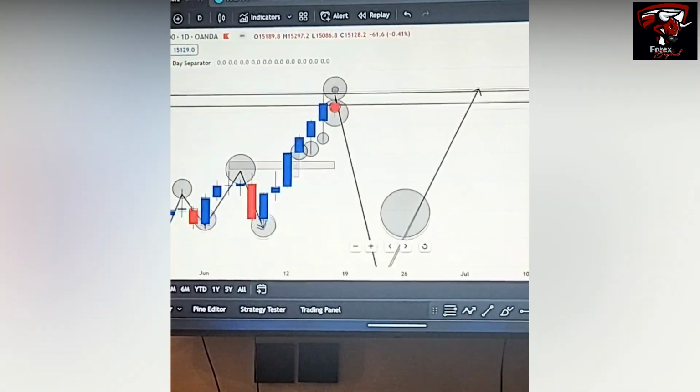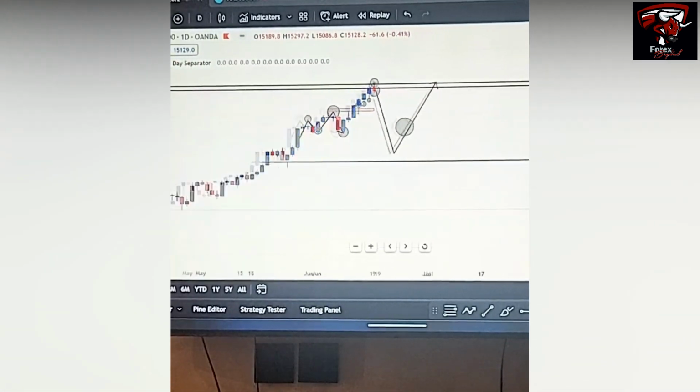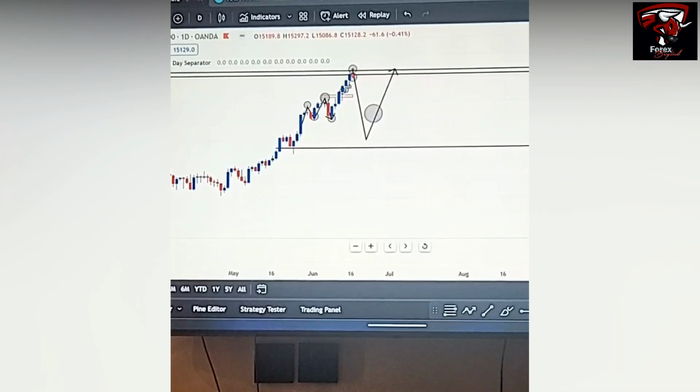What happens? Price then comes and starts to crumble. And what we're looking for is an entry into this move on a lower time frame.